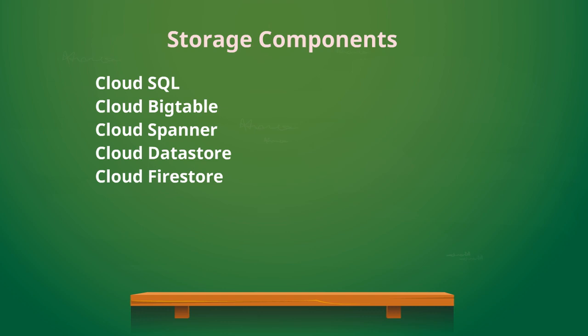There is Cloud Datastore, which is kind of like a NoSQL document database, and it uses key value pairs. An example would be a book, and you have the author and the title as key values. The next is Cloud Memorystore, which is an in-memory cache, so it provides sub-millisecond access to data. And then you have Cloud Firestore, which is a NoSQL database designed for the back end.